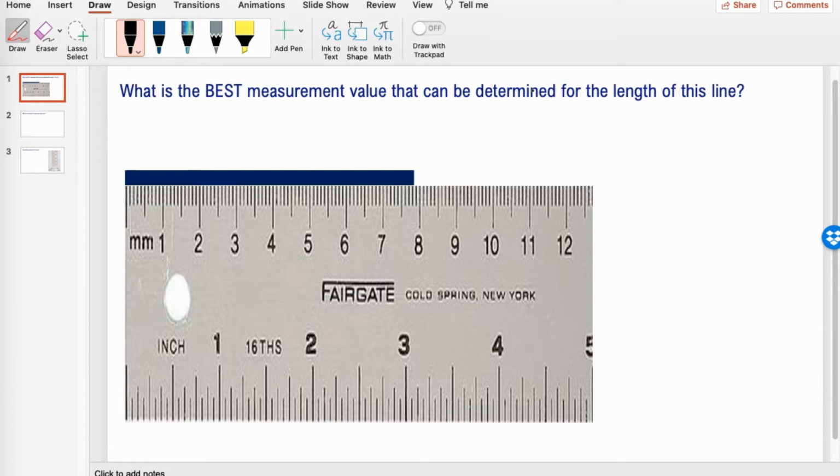I want you to write down your answer as if you were going to turn this in for a grade. I want you to pause the video in just a moment and then start the video back again once you have your answer. Go ahead and pause the video now.